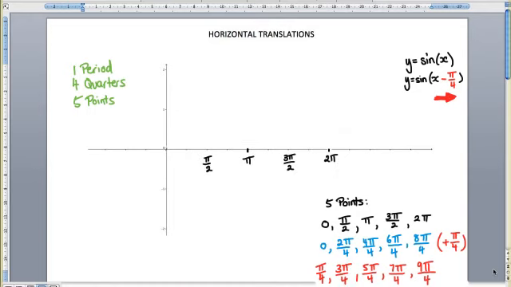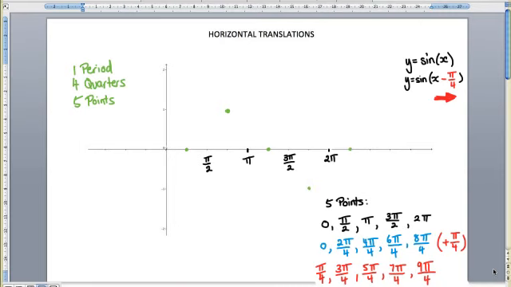So I've just deleted that original graph that we had there. If you were doing this yourself, you might have drawn that graph that was there just in light pencil. And now you're going to focus on these red numbers, and we're going to plot them. So the first point is pi on 4, and that starts in the middle because it's a sine graph. So we're going to go middle, top, middle, bottom, middle.